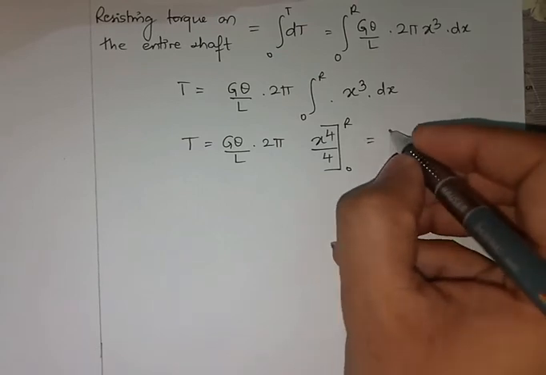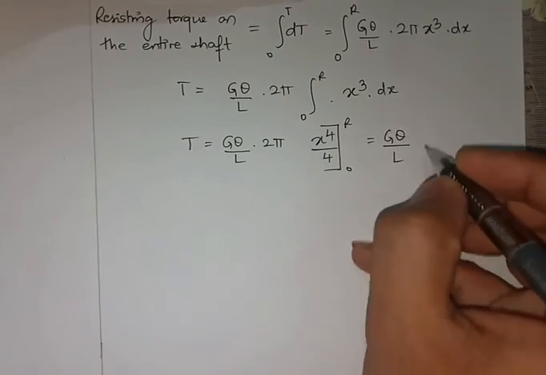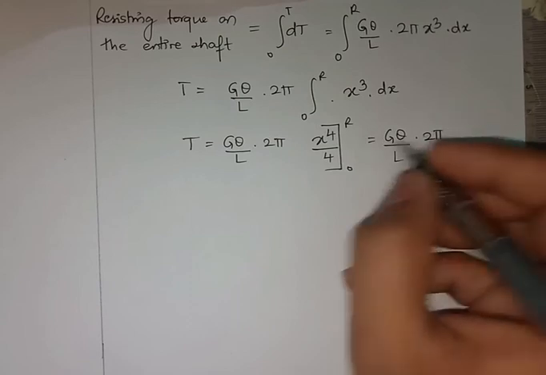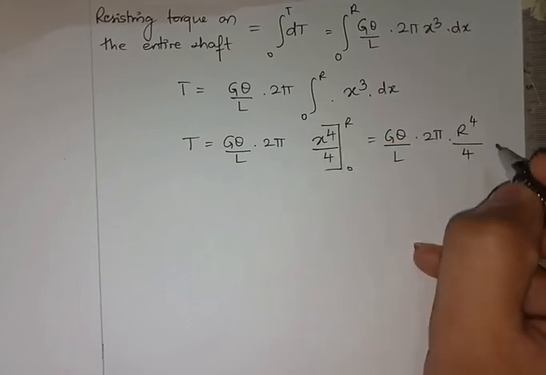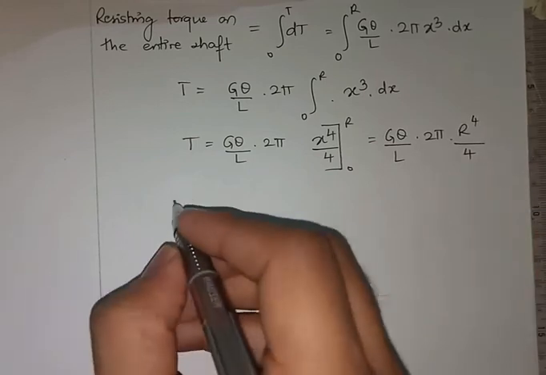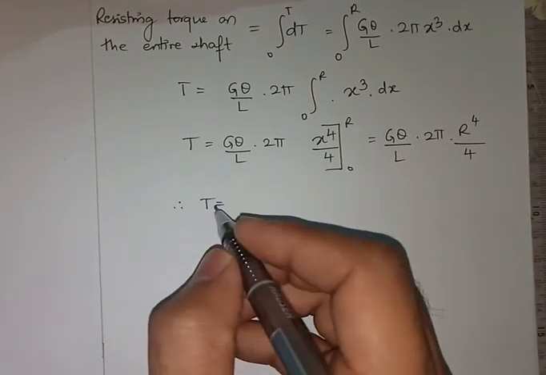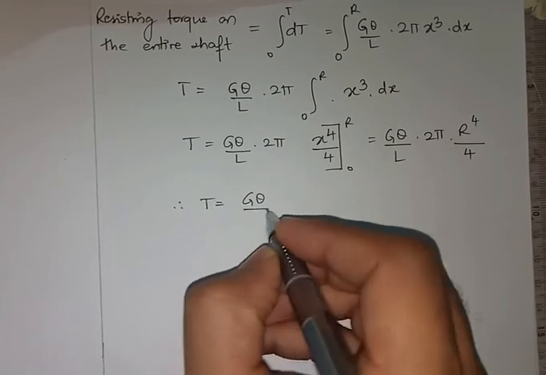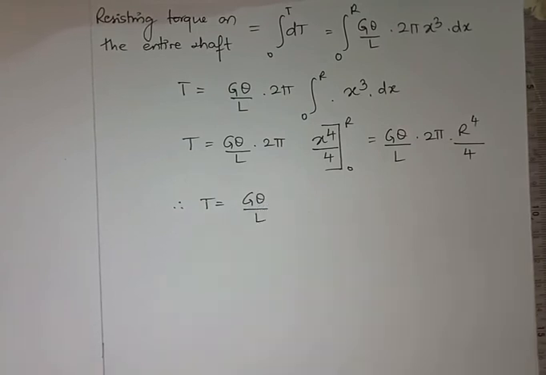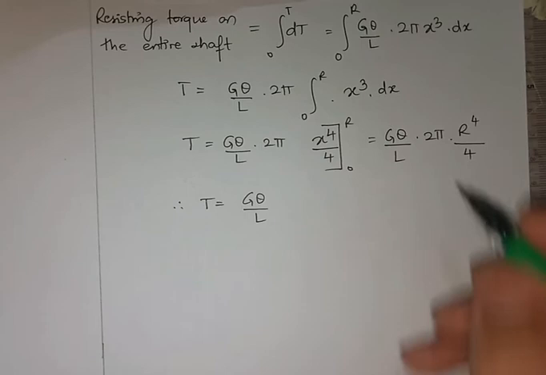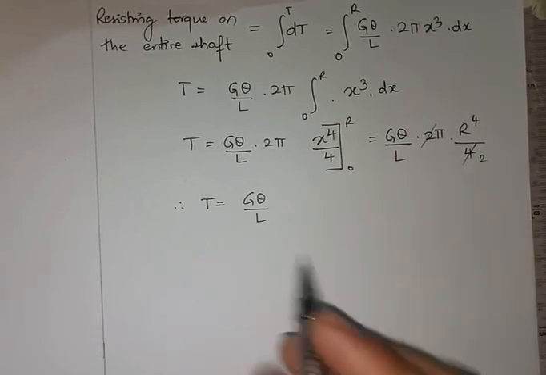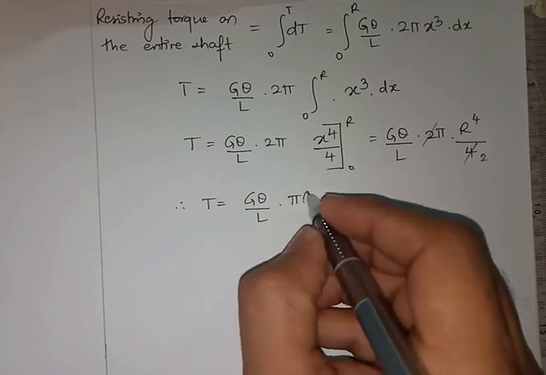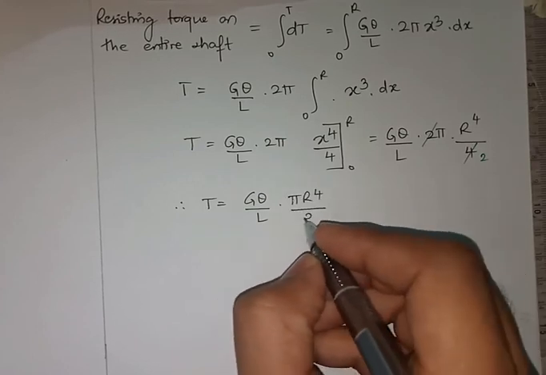So this is equal to G theta divided by L into 2 pi r raised to 4 divided by 4. Now what I can simplify here is 2 ones are 2, 2 twos are 4, so it will be pi r raised to 4 divided by 2.